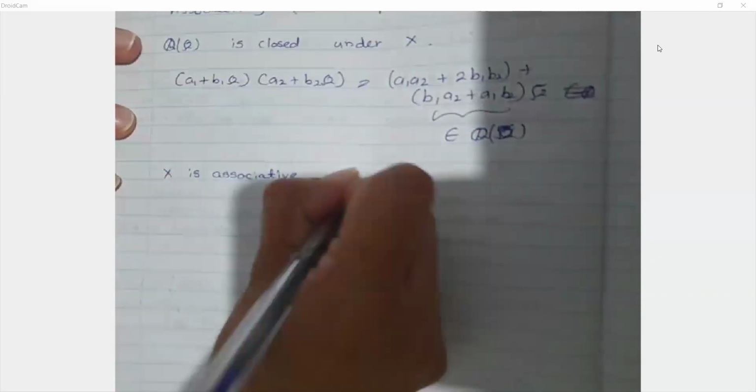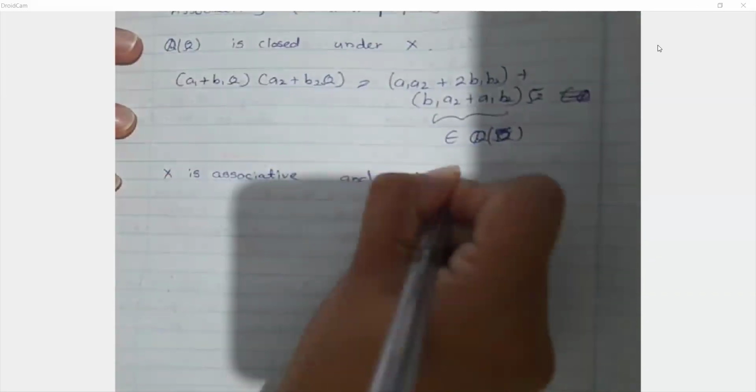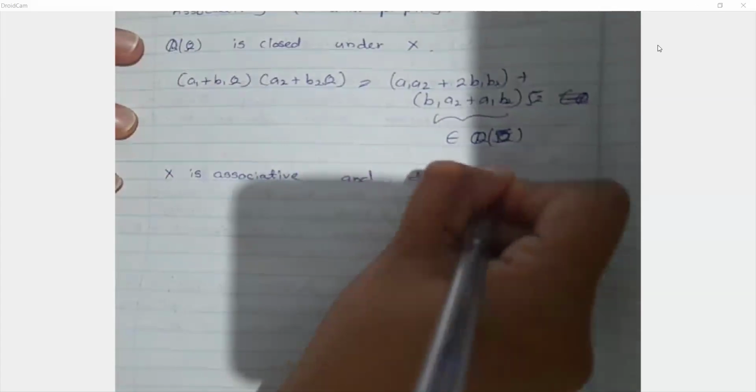And multiplication is associative. Once again, it's an inherent property from R, from the ring R. And not only that, distributive laws also hold, which you can check on your own, right? Those things you can work out. I will simply write, this is associative and distributive laws hold.